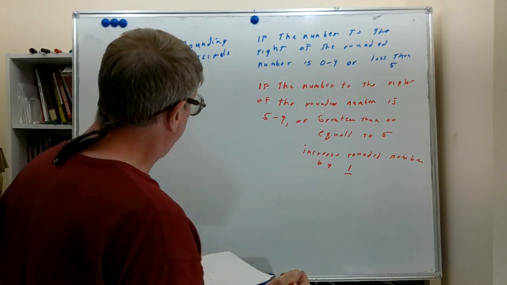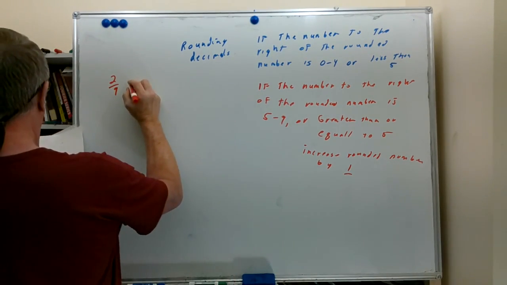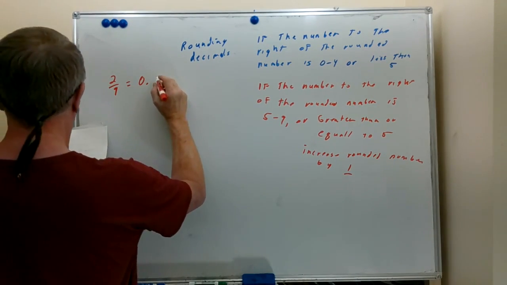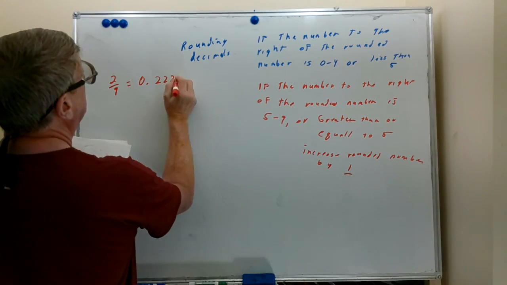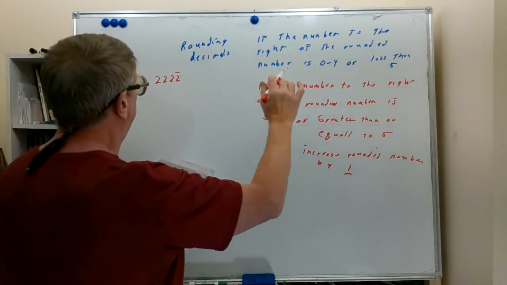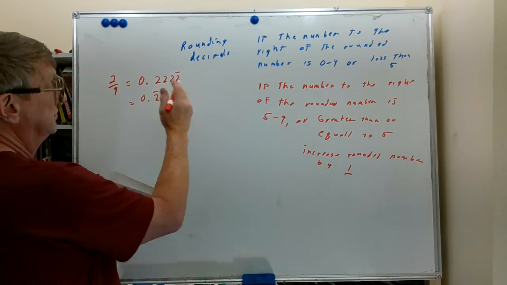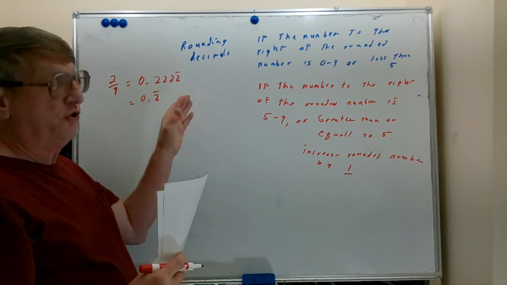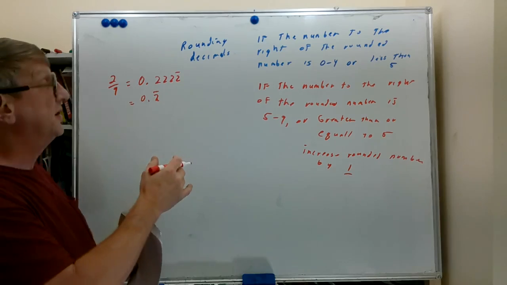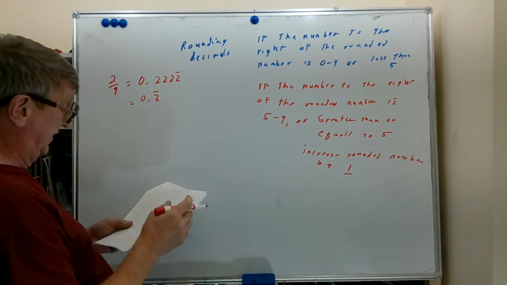Let's look at a couple of fractions. 2/9. That is equal to 0.2222 repeating. In this case, we put a bar over it. That means it repeats indefinitely. We could write that as 0.2 with a bar. When you put that bar over the last portion, it means the portion the bar is over, when you're talking about the decimal fraction part, repeats indefinitely.